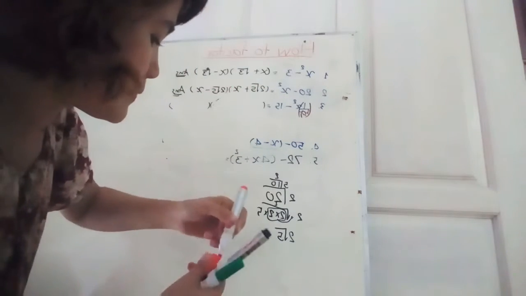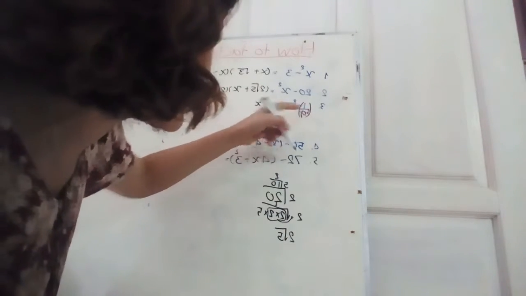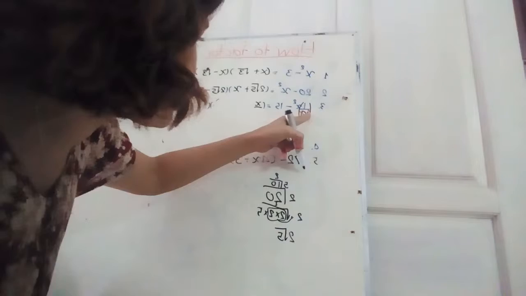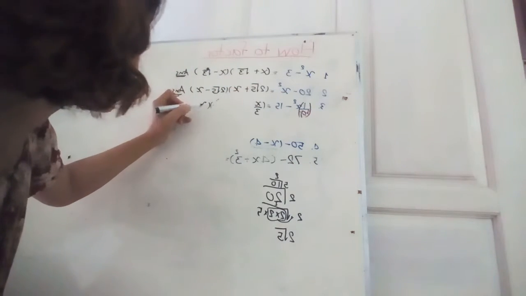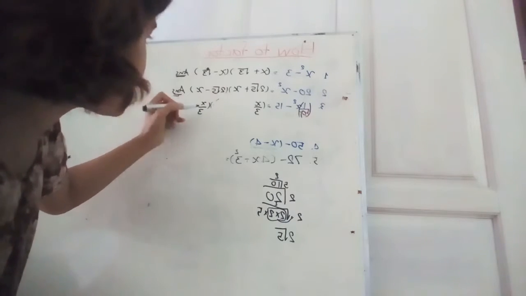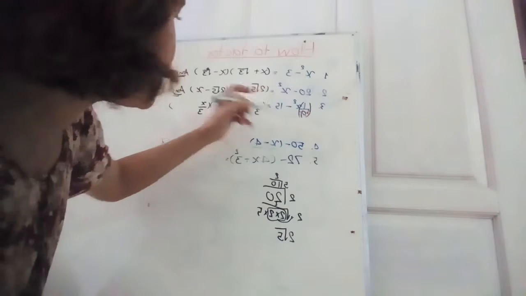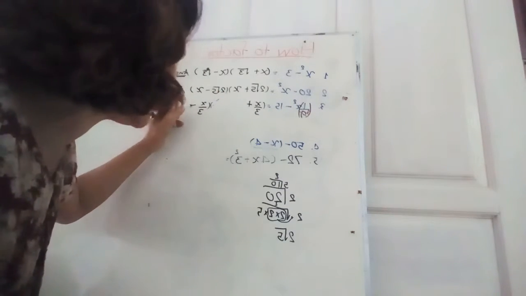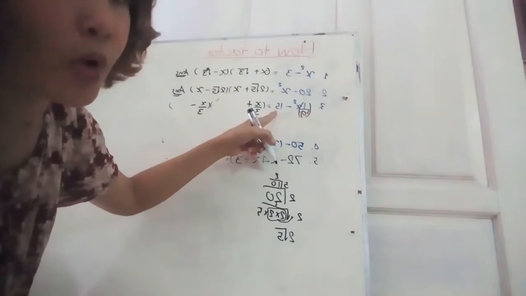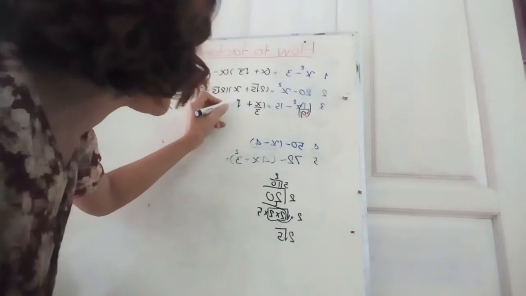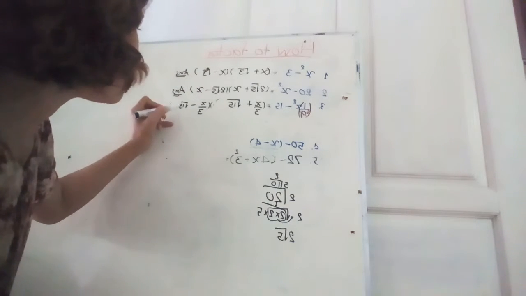So we will get x, because x times 1 is x, over 3. Don't take this, because we will write here once again. So x over 3. Once again, the signs: negative here, positive first, and then negative later. For 15, we can find no more GCF, so we just put 15 here and 15 here.